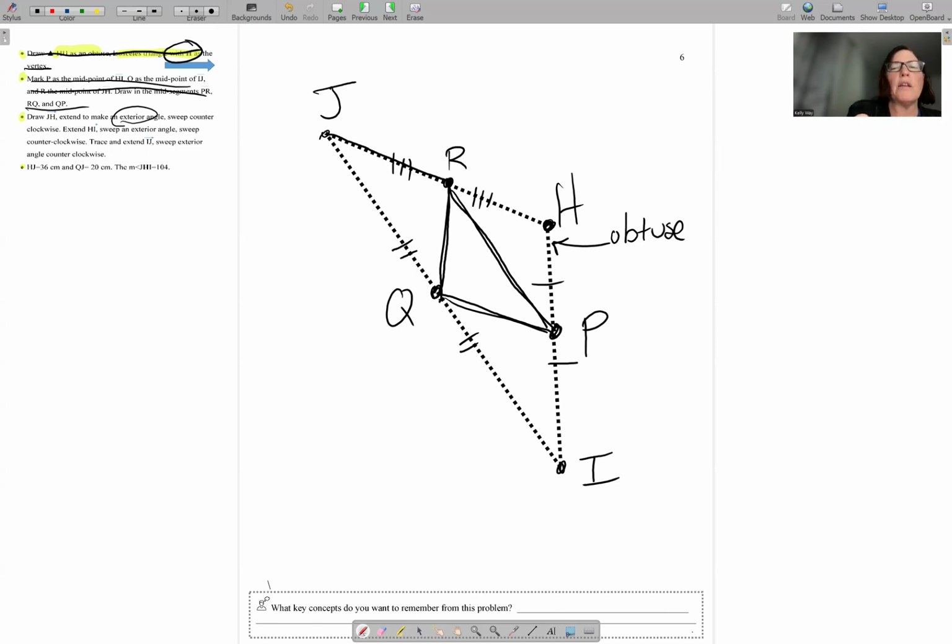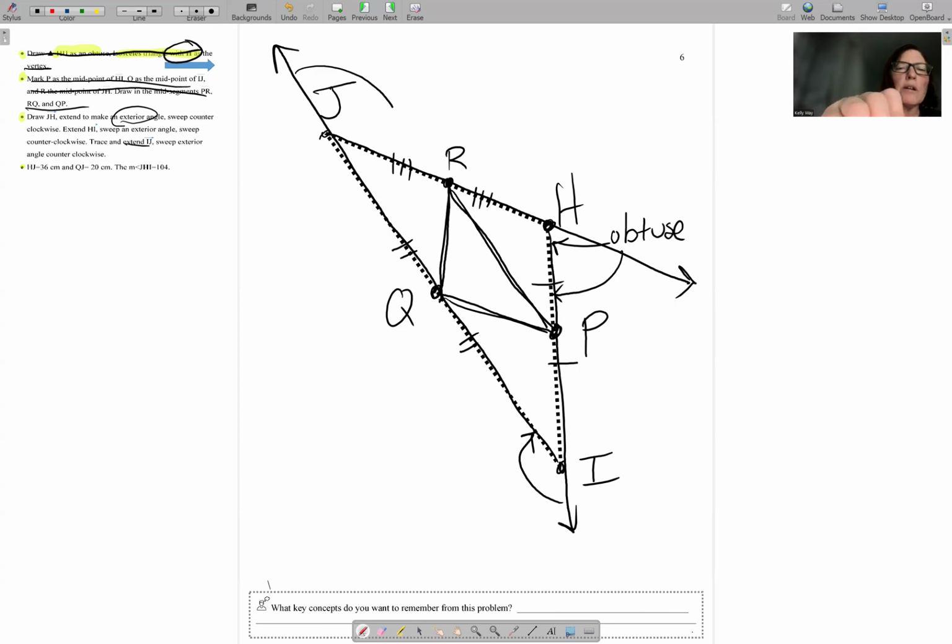So JH, an exterior angle. Clockwise, extend HI, sweep the exterior angle. Clockwise. And trace IJ and extend clockwise.